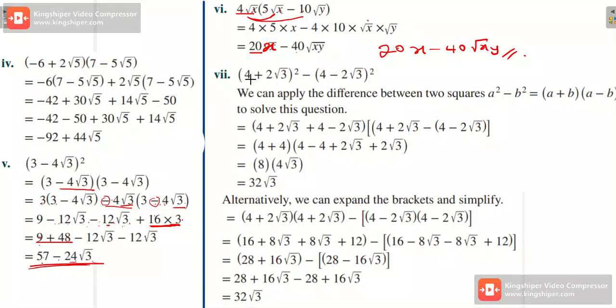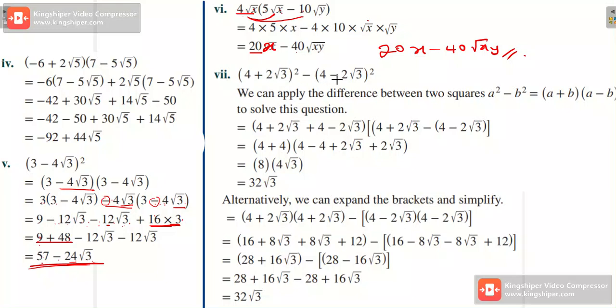Here we have 4 plus 2 root of 3 all squared minus 4 minus 2 root of 3 all squared. Now, there are two ways of solving this problem. The first method is for you to expand the square. So you know that 4 plus 2 root of 3 squared can be written as 4 plus 2 root of 3 times itself.